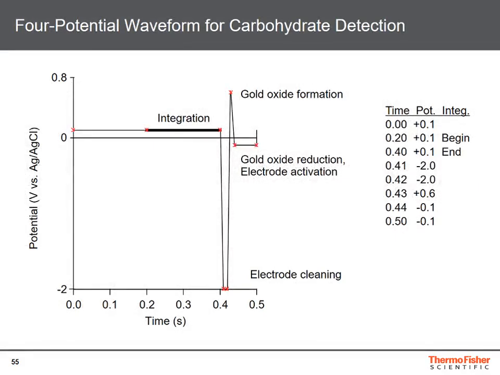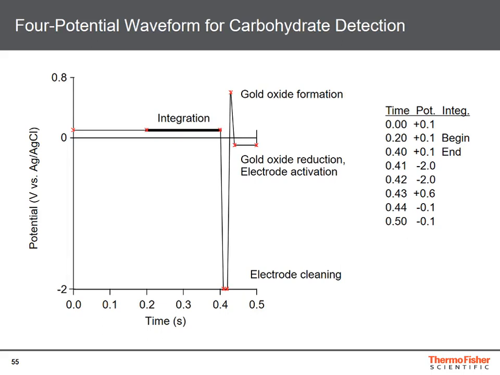The next slide shows the four-potential waveform for carbohydrate detection as it is used today. As we can see from the slide, the oxidation potential for carbohydrate is 0.1 volts, but you can also see that we are waiting a little bit of time before we start data acquisition.